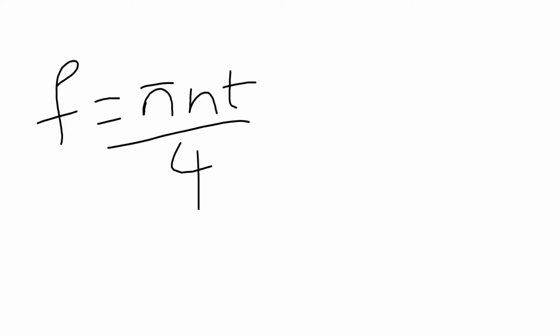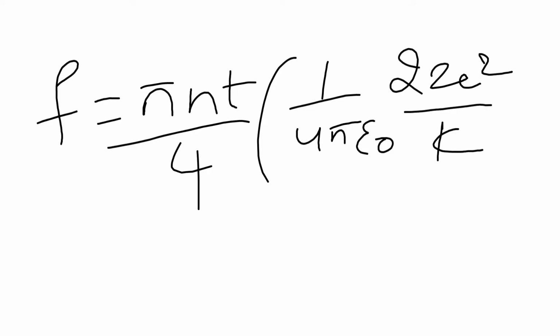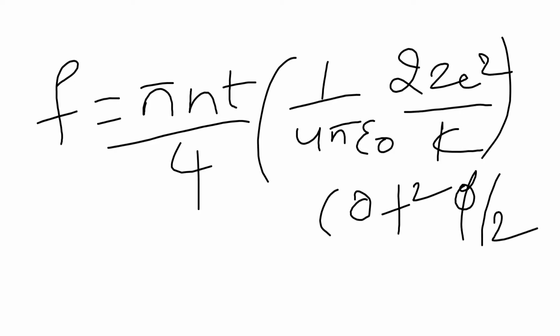And f equals pi n t by 4, 1 by 4 pi epsilon naught 2 z square e square by k, into cot square theta by 2.